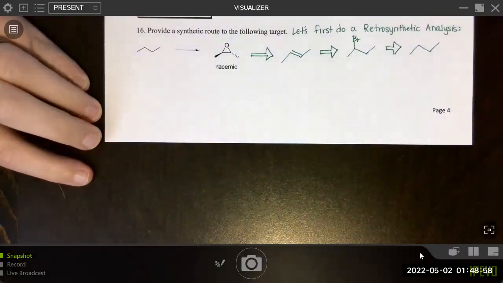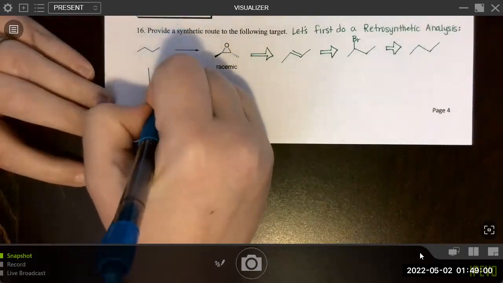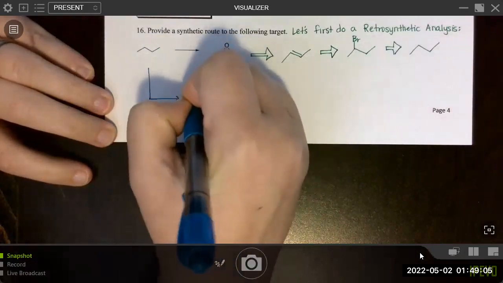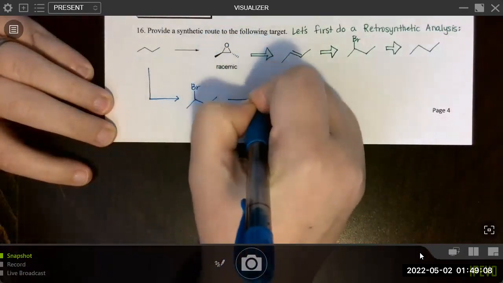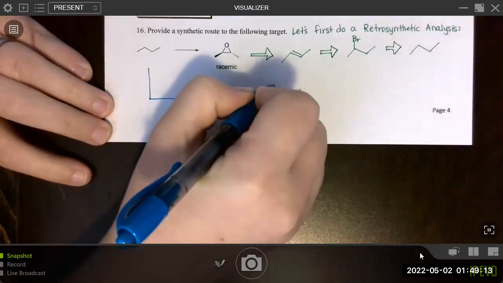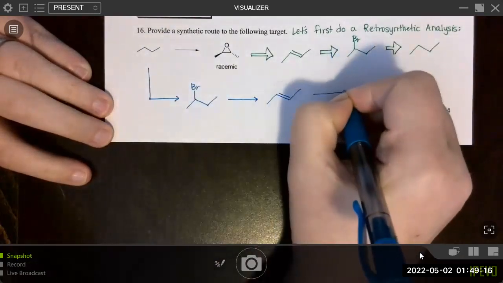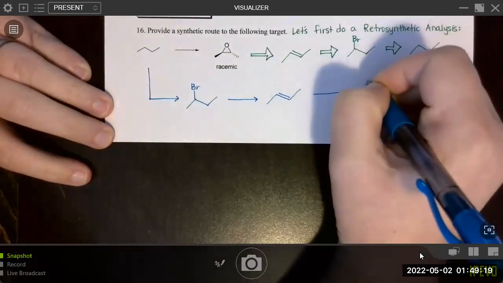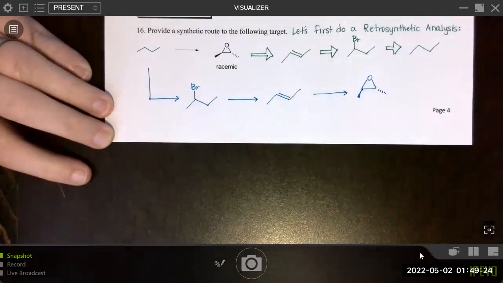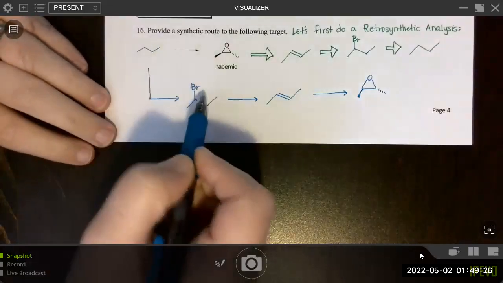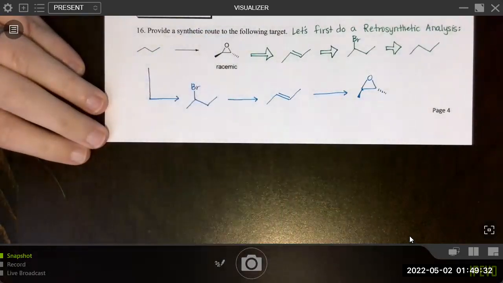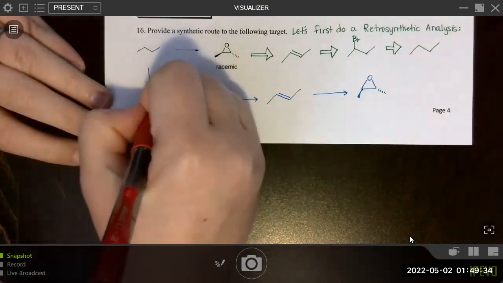So then in the forward direction, we'll provide the same intermediates, right? We just need to provide now the reagents to get to the product. Okay, so in the forward direction, we said we wanted to do radical halogenation. So we're going to do bromine and light.